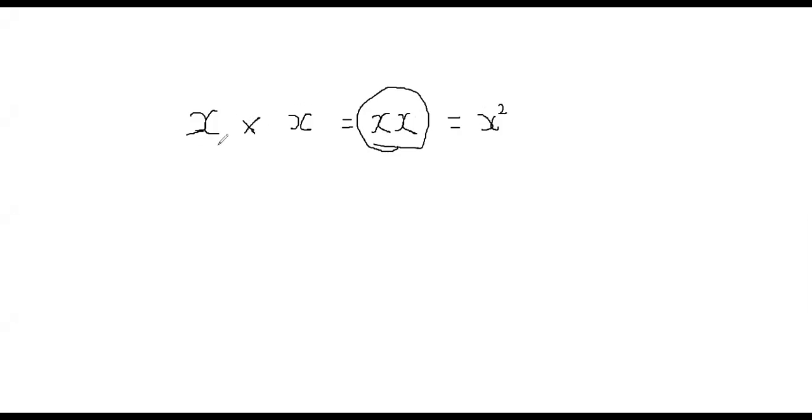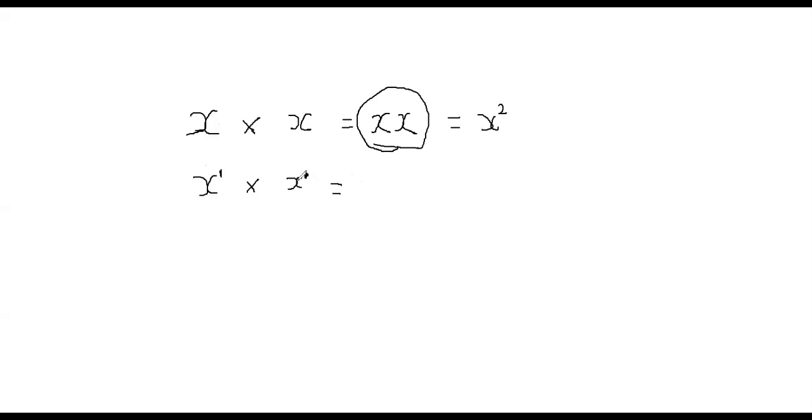Another way of understanding it is indices. Indices is something that we will do later on. It's very simple, because when we have x standing alone, what is the power of x? What power is here? 1, right? Good. Also, the power here is 1.